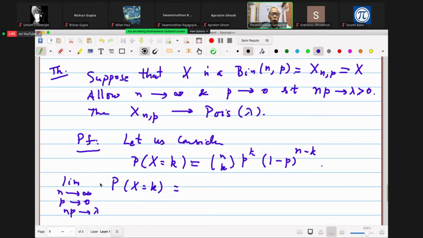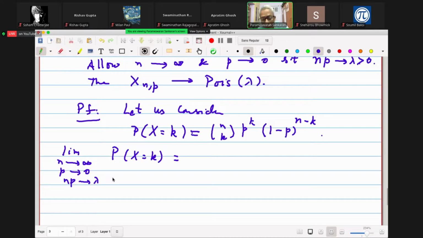Hopefully, this limit will turn out to be something. See, in general, a limit need not even exist. So the assertion is that first of all, the limit exists for every value of k, and that gives you a certain function, which is actually the mass function of a random variable, and that random variable is Poisson. This is what we are claiming.